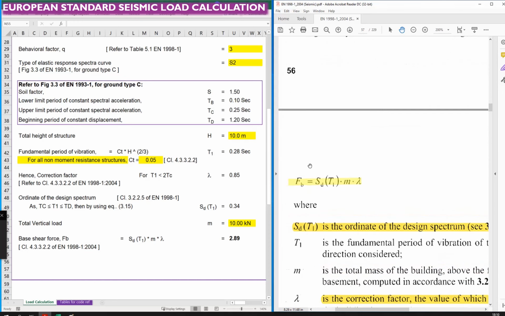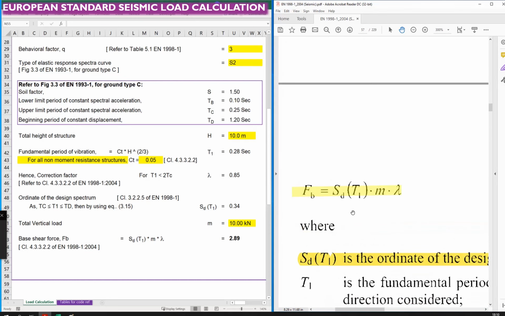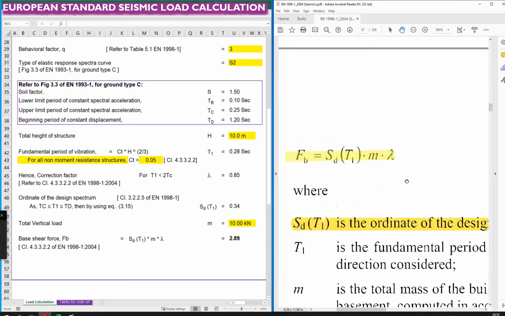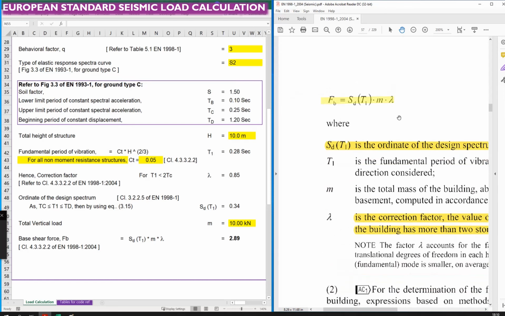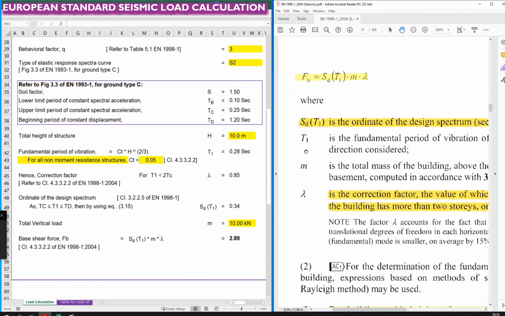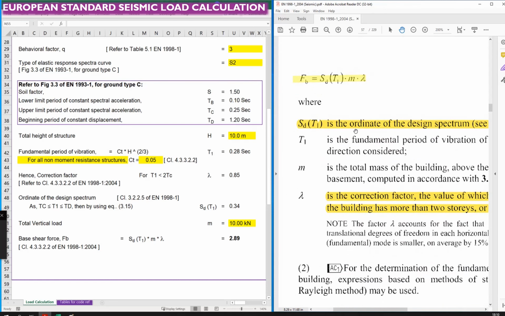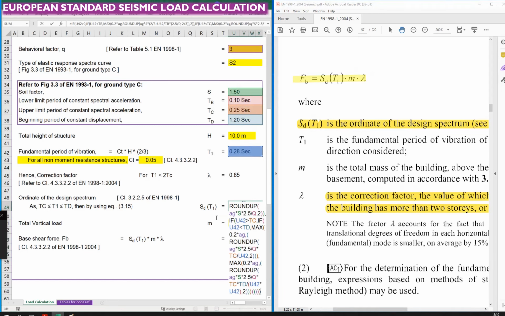The formula to calculate the base shear force is Fb equals St of T1 into M into lambda. Here St of T1 is the ordinate factor which we just calculated as 0.34.